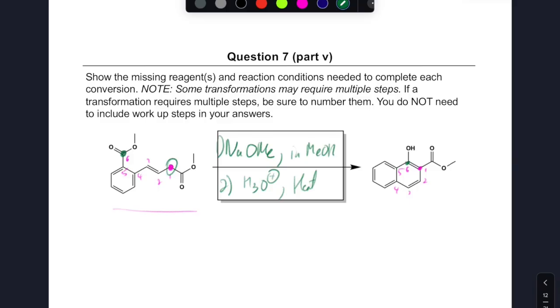Now there was a note that mentioned, well, how is it possible that this geometry of this bond between 3 and 2 starts out trans, but clearly it ends up cis here.